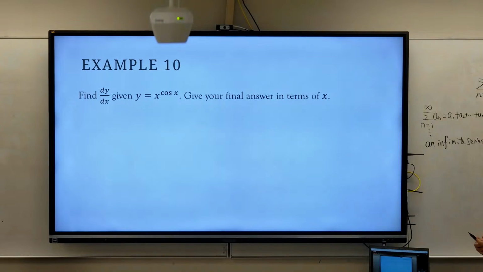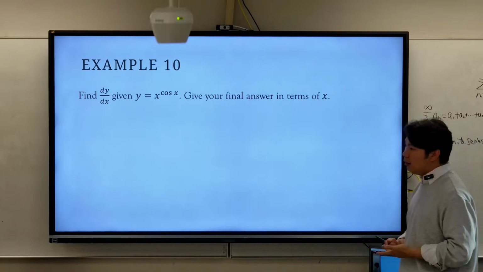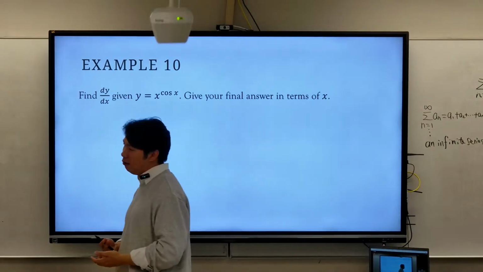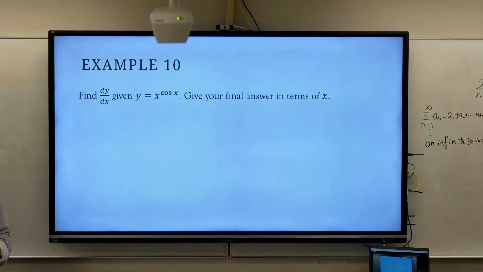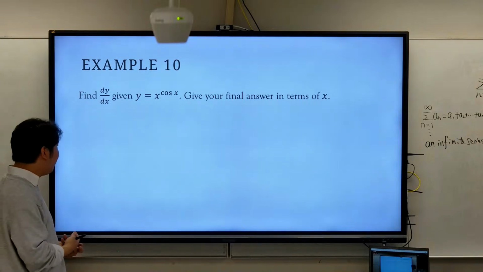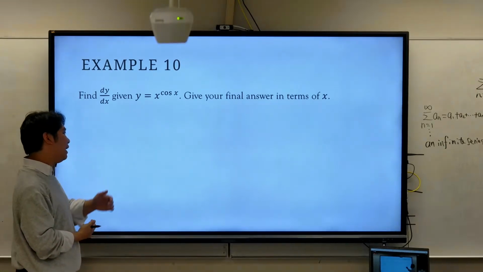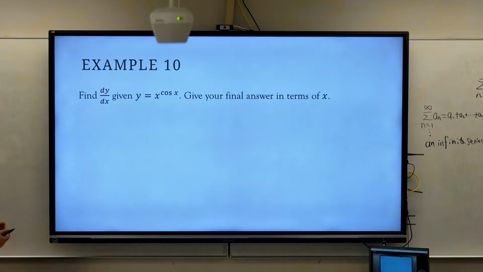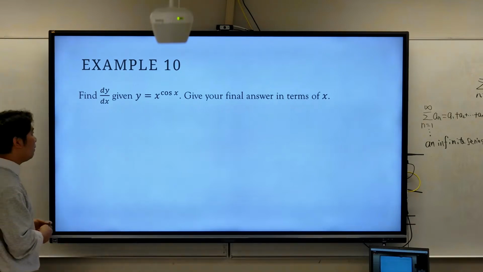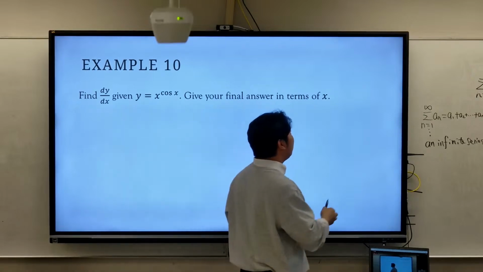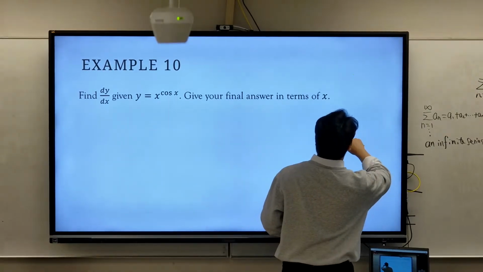So again, looking at this problem, without log differentiation, we don't really have any method that would let us tackle this type of problem. I definitely can't just use a quick power rule, because power rule only works for x to a number power. We can't really use something like a constant to an x power, like 17 to the x, because we have x in the base and in the power. However, using log differentiation, as you can probably expect, we're going to be able to solve this problem and get the derivative.